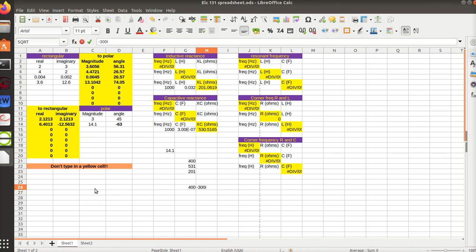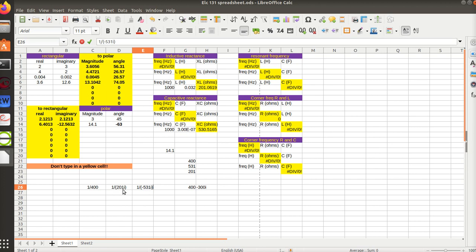So you would solve 1 divided by 400 and 1 divided by the 201 is positive I. So 201 I, and then 1 divided by minus 531 I. Because remember, capacitive reactance is always in the minus I direction.